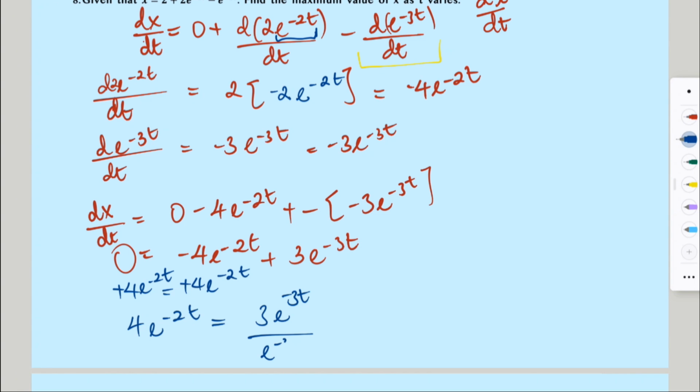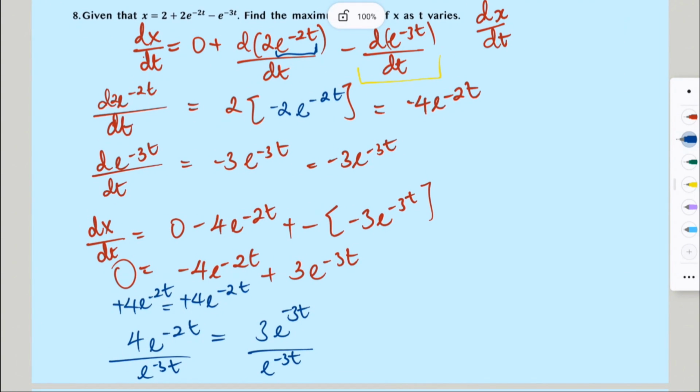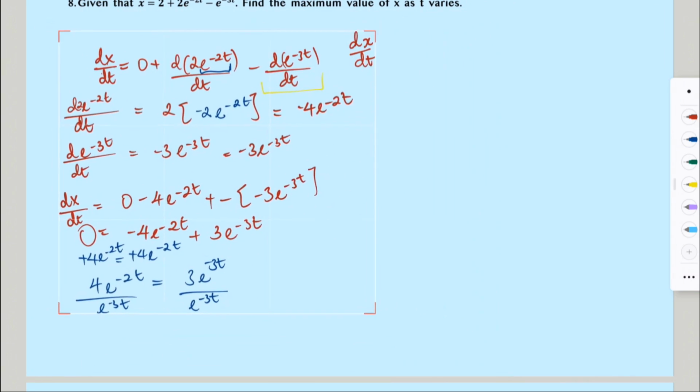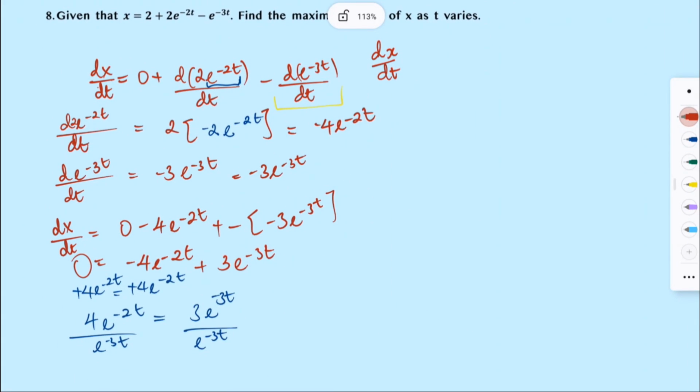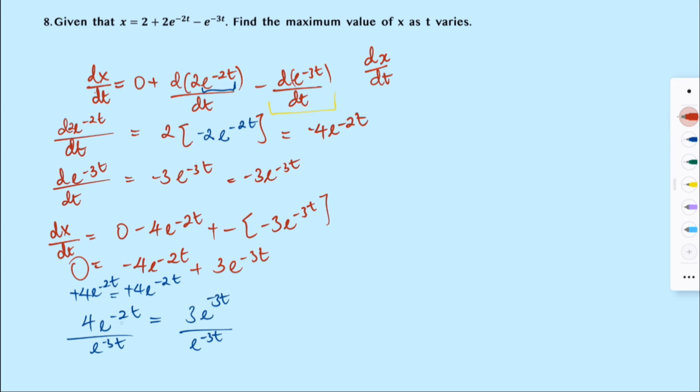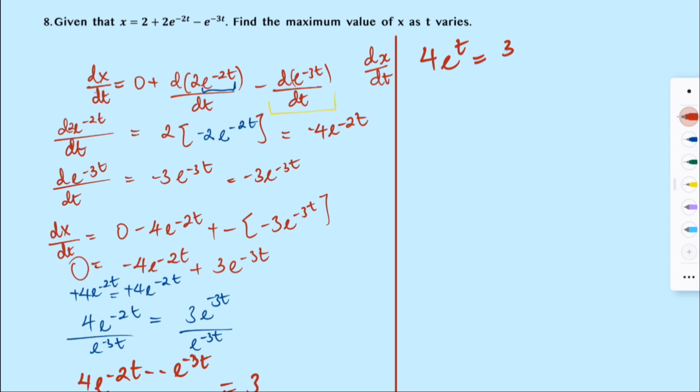So I'm going to get rid of e to the power minus 3t, just like this. We use the law of indices. This will be 4e to the power negative 2t minus negative 3t. And then over here we have 3e to the power, oh, it cancels out, so we have just a 3. And then we're going to have 4, negative 2 plus 3 is 1. So 4e to the power t equal to 3.